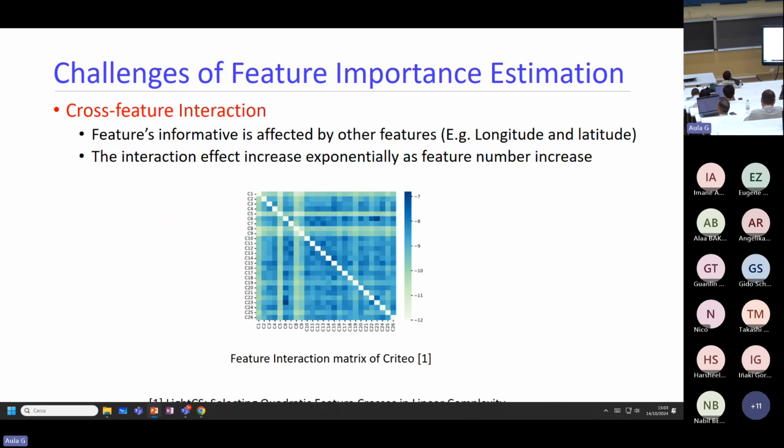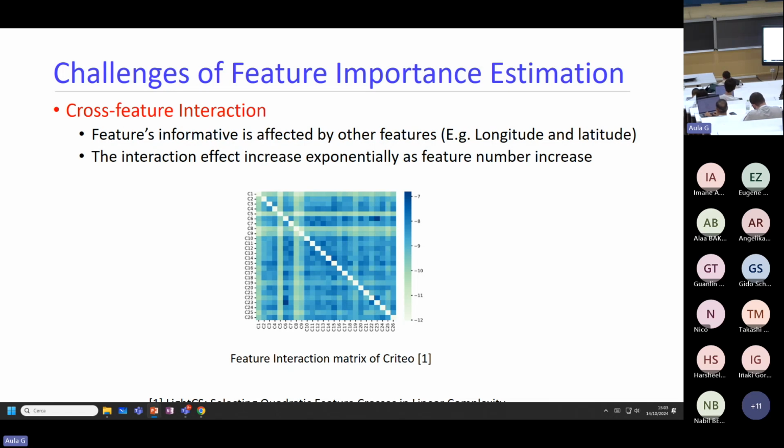Cross-feature interaction, also known as the Cartesian product of features, is key to unlocking deeper insights in recommendation models. A feature's informative value is not only dependent on itself, but is also heavily influenced by how it interacts with other features.